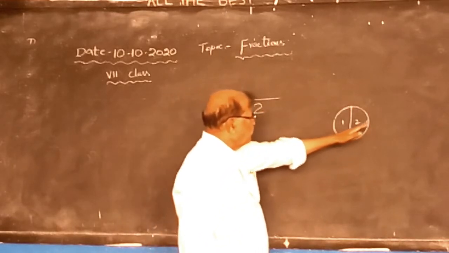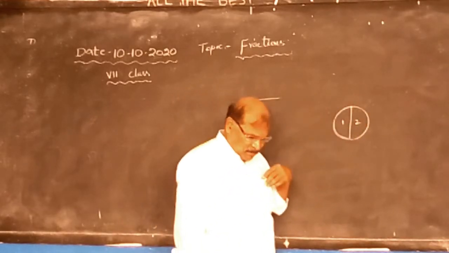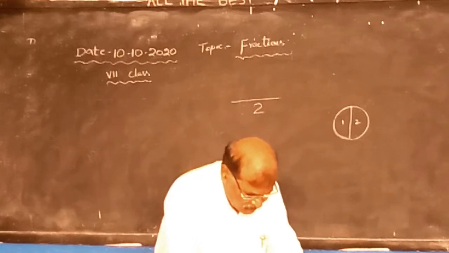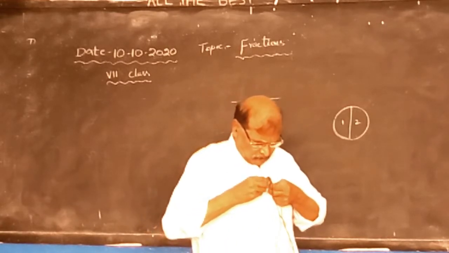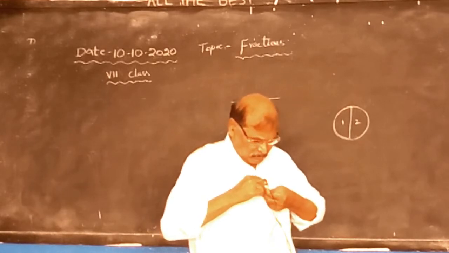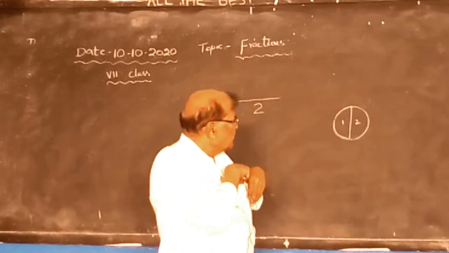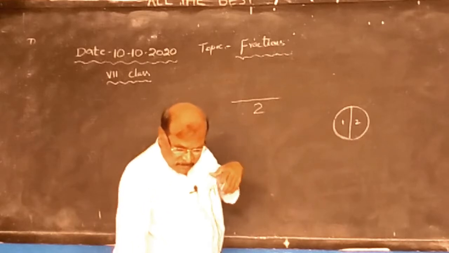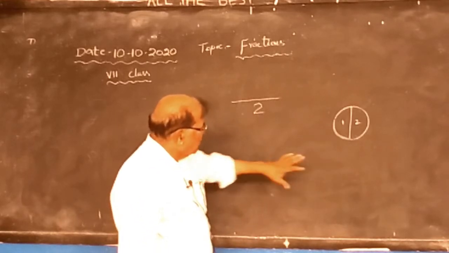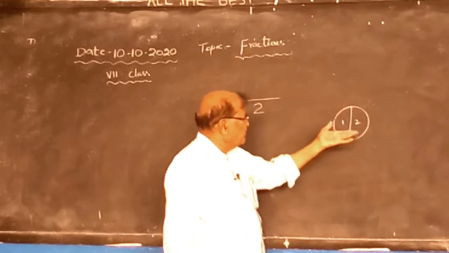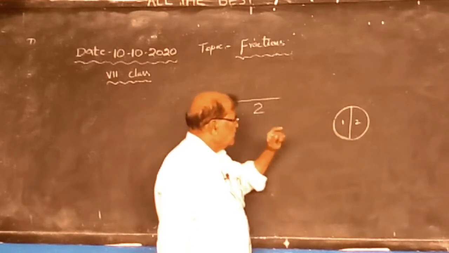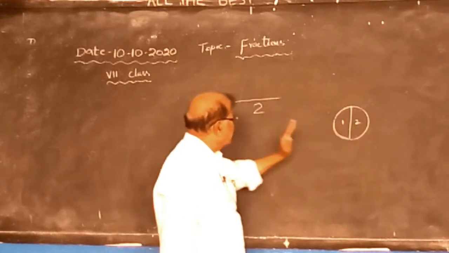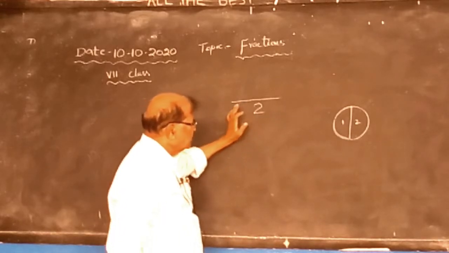The number of parts that are made of anything, any article, will be represented in the place of the denominator.